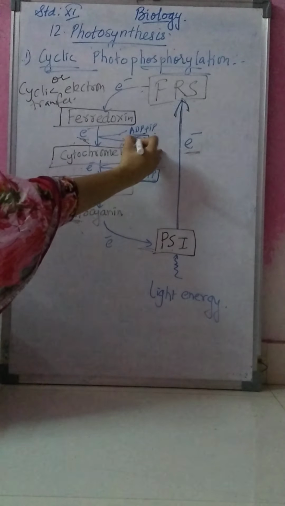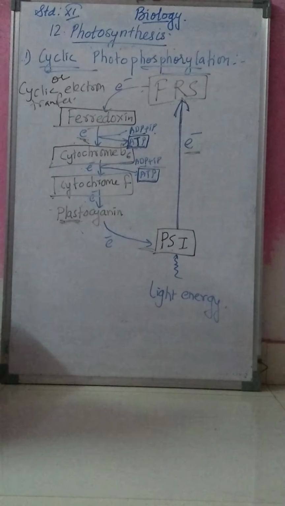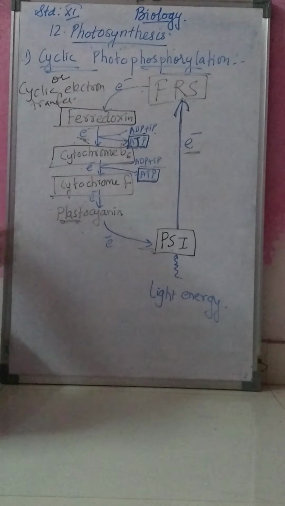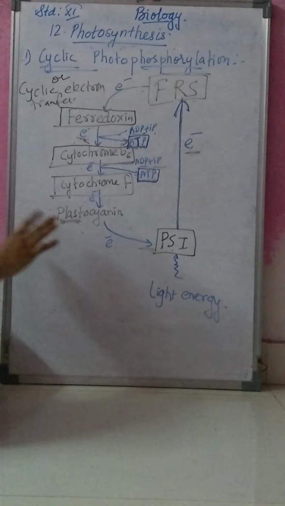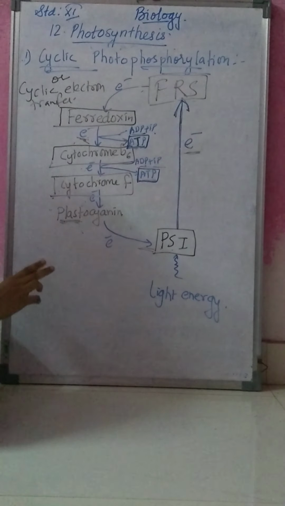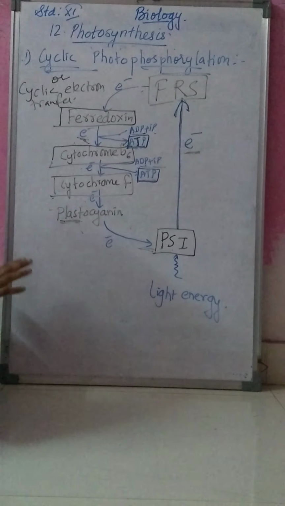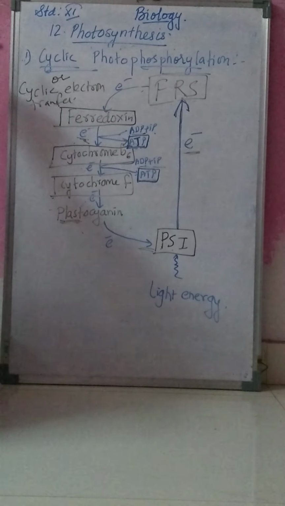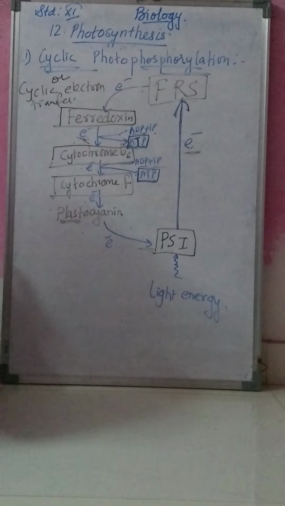ATP is synthesized here. Otherwise, there is no photolysis of water and also no evolution of oxygen. So this is known as cyclic photophosphorylation or cyclic electron transfer.